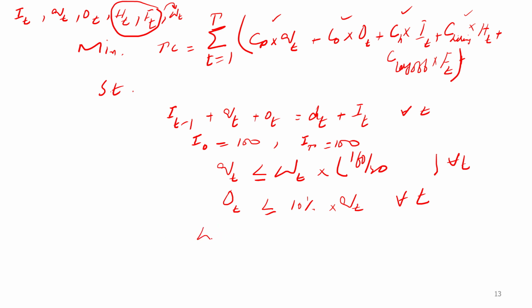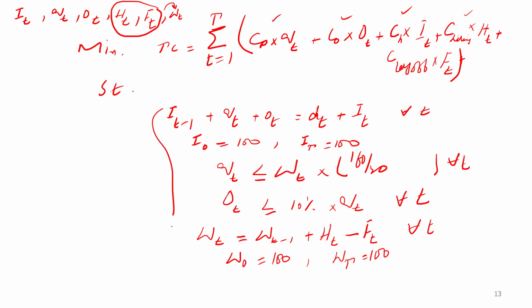The workforce in time period T is equal to the workforce in the last time period, plus how many persons we are hiring in time period T, minus how many workers we are firing or laying off in time period T, for all time periods T. In addition, the initial workforce is 100, and we would like that at the end of the planning horizon, which is the end of the 12th month, we have 100 workers, right? That is the set of constraints we have.